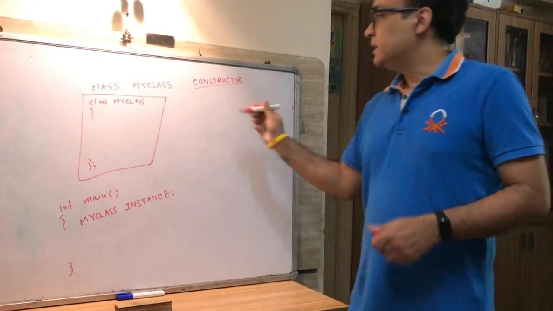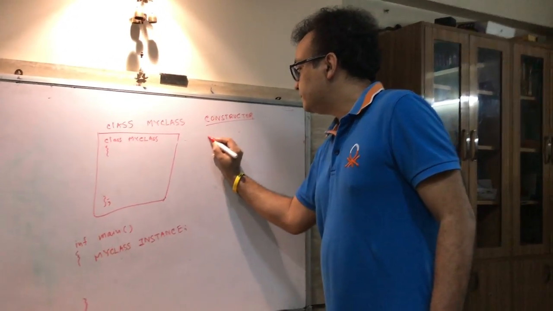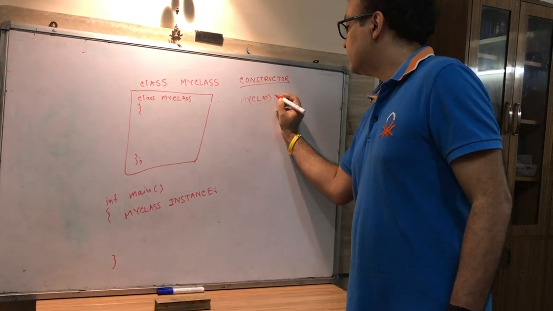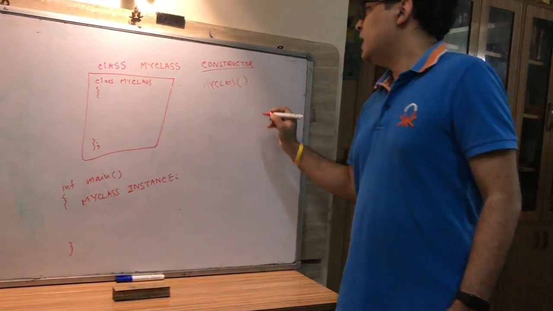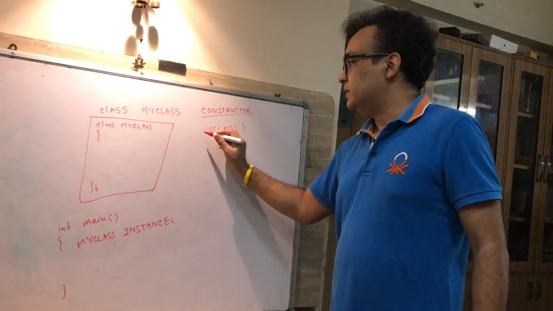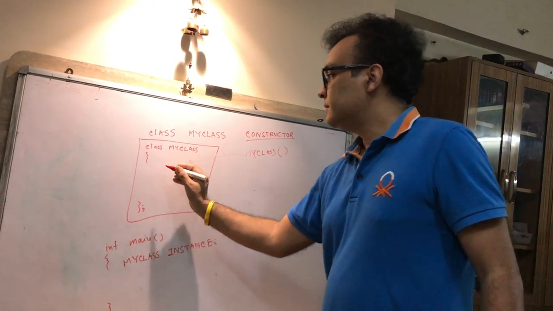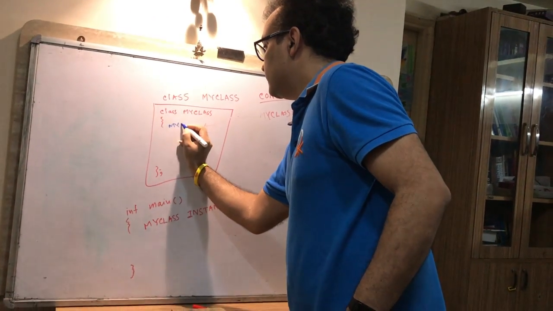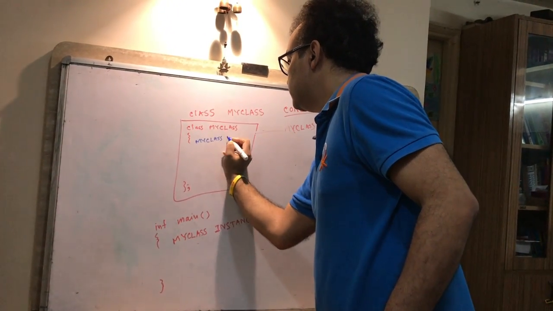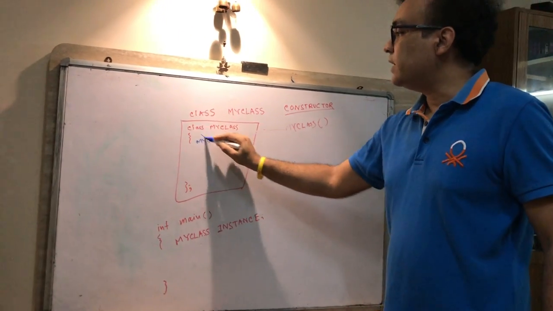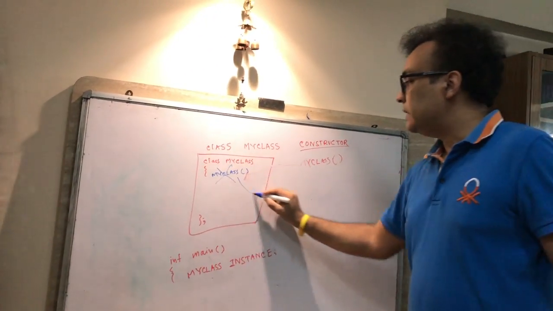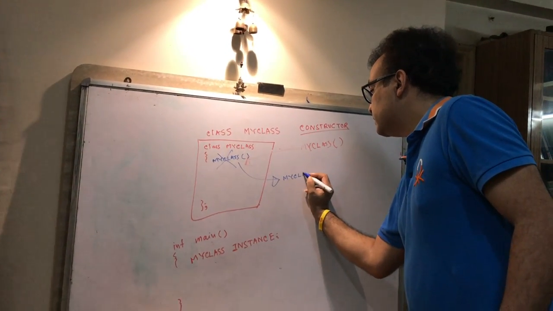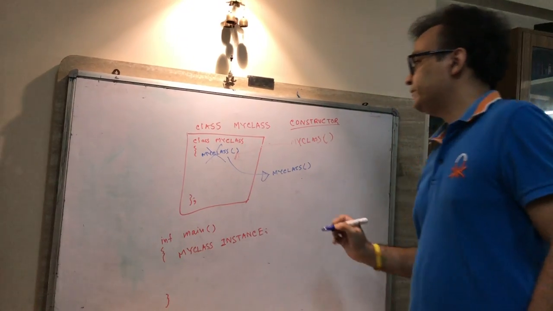Sometimes it happens that we write some constructor as default, and if we don't write any constructors, the compiler will write this constructor for you, the default constructor.